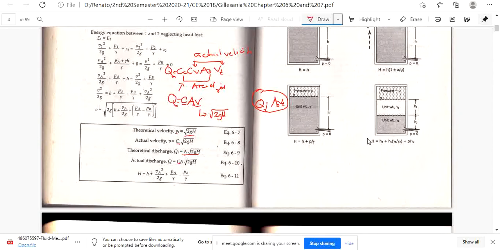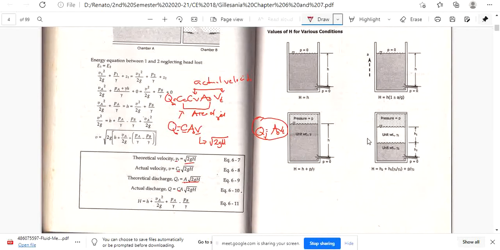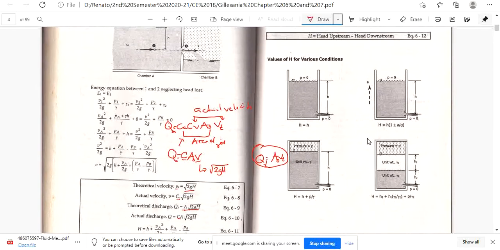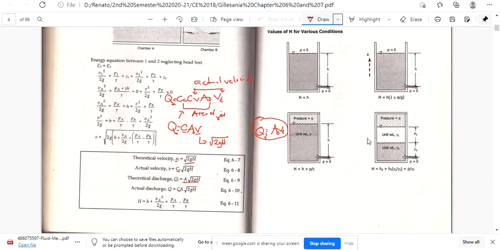The H here is equal to h plus VA squared over 2g plus PA minus PB over gamma. So, that is the H. Values for H in various conditions: H will be h if your pressure is equal to 0.